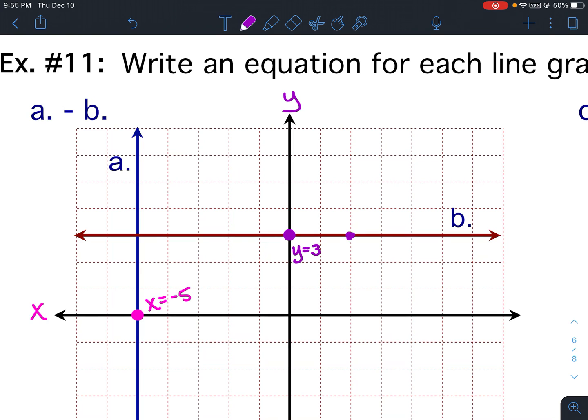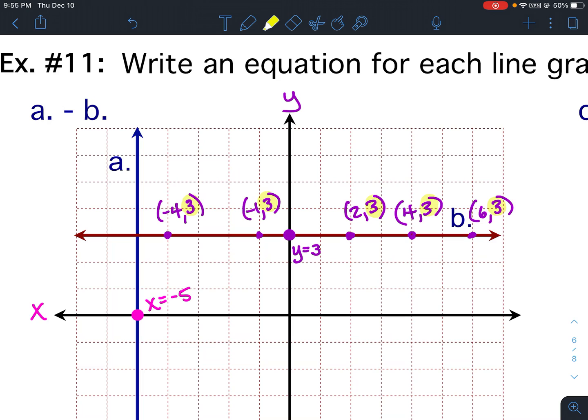So let's look at some points on this line. This point right here would be 2, 3. This point would be 4, 3. This would be 6, 3. This would be -1, 3. This one, -4, 3, and so forth. Every single ordered pair on this line, it doesn't matter what x is, the y is always 3.